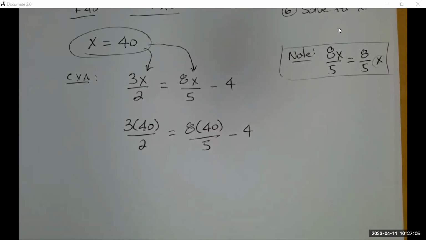Whenever you have fractions and multiplication, always do reducing first before you multiply. Always reduce first before you multiply. So in this first equation, can anything cancel?